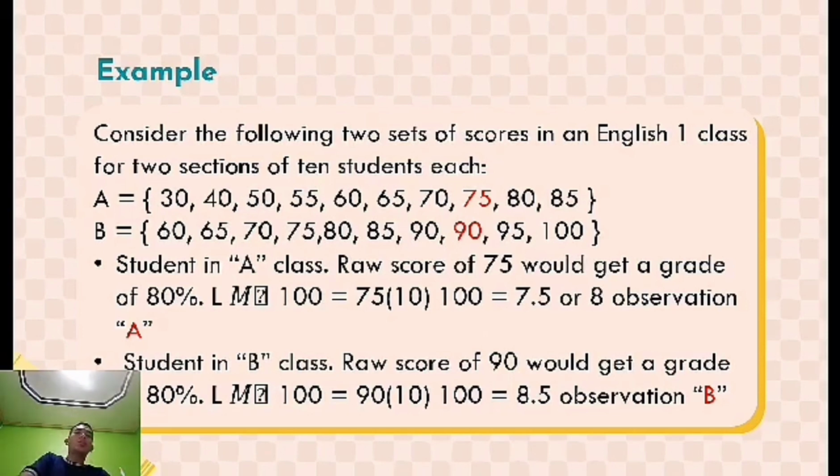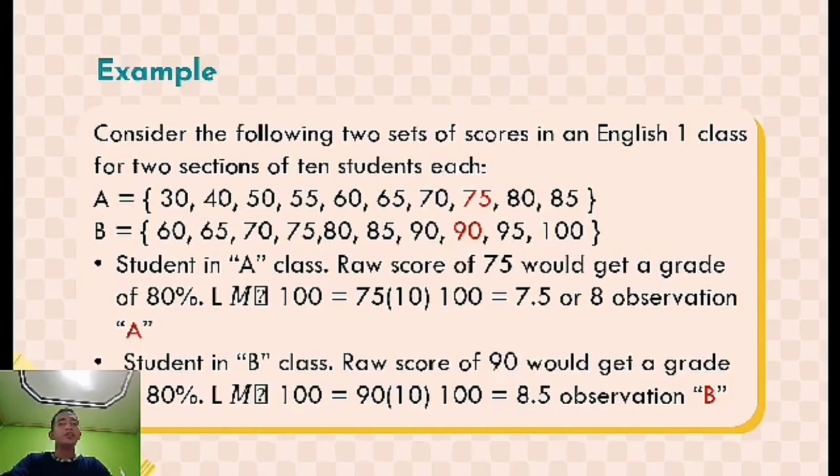The gap is bigger for student B, but the grade they got is still the same, which is 80%.